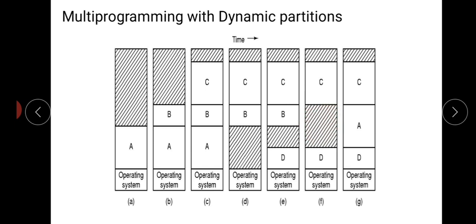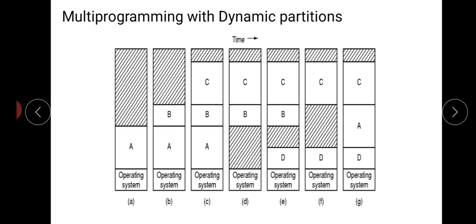Next, suppose A is coming once again, then this portion is enough for A, so A will continue over here. Likewise, this dynamic partition concept will be implemented in the operating system.